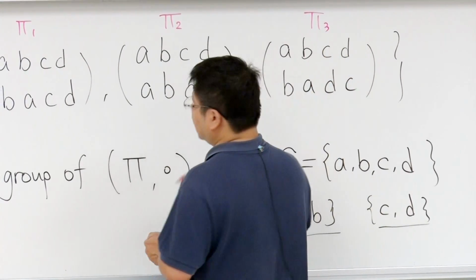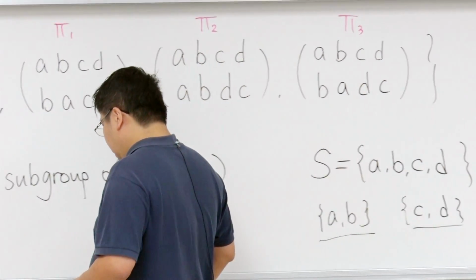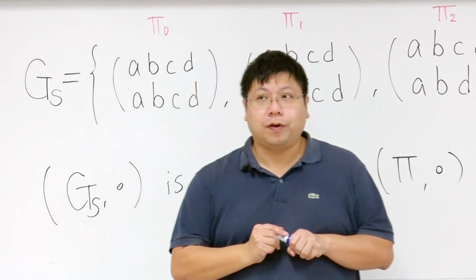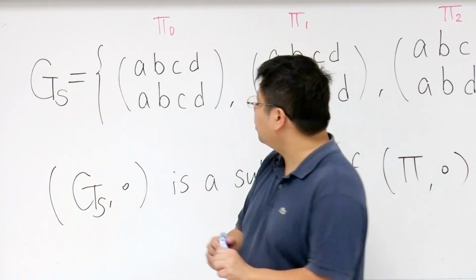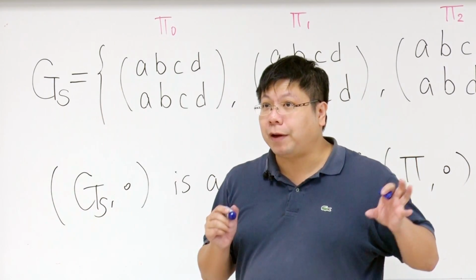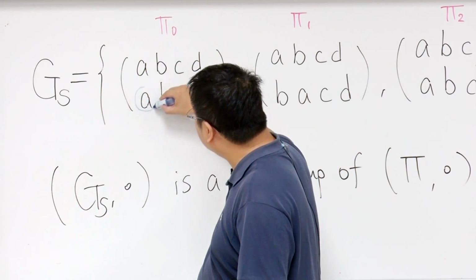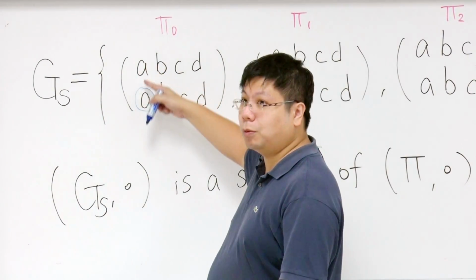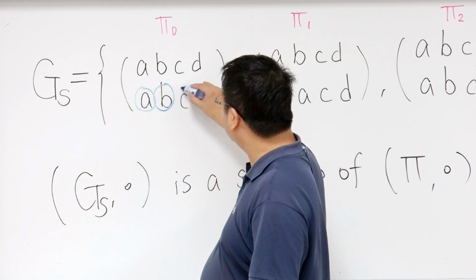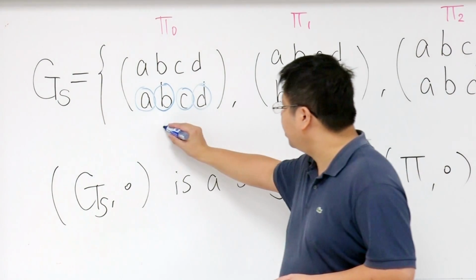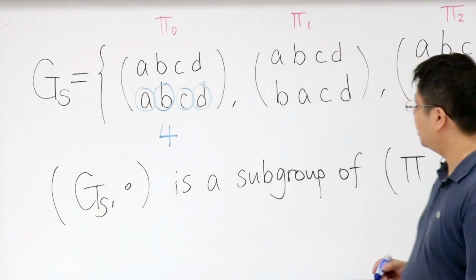For each permutation, we look at the number of invariants. So how many invariants are there? In the first, A maps to A, 1, 2, 3, 4. There are 4 of them, so there is a 4 here.